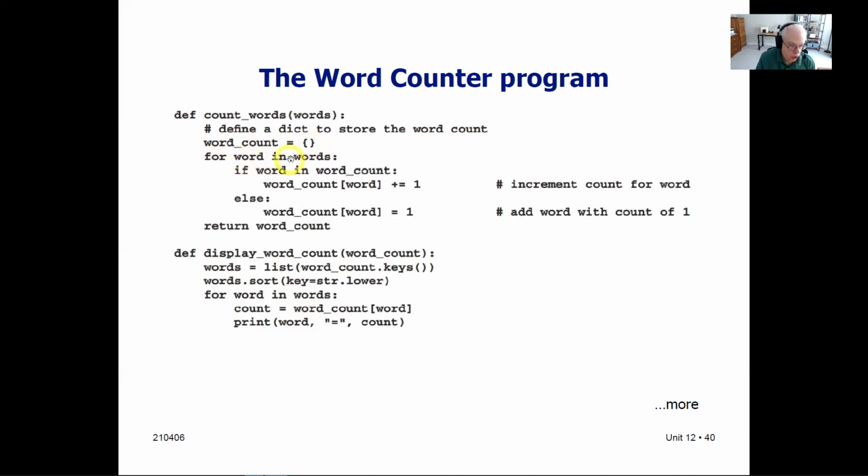So for each word in the words list that we created, if the word is in word count, then word count for that word is going to increment 1 time. In other words, we're going to increment, or add, 1 more count. Else, that would mean the word is not in the word count. So else we want to add it.